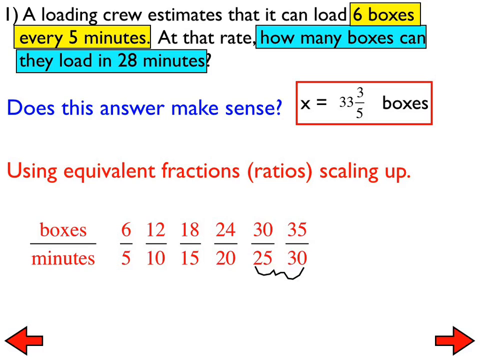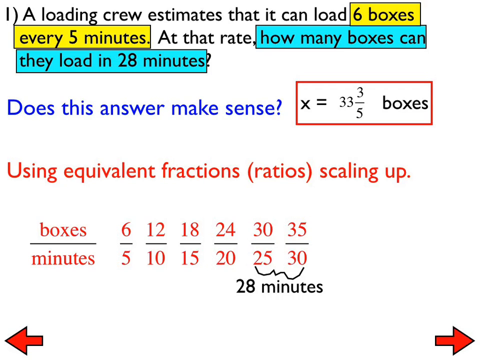This is where you should be jotting some of this down so it makes sense to you. 28 minutes is somewhere in between 25 and 30. So my next question is this. Is 33 and 3/5 in between those two numbers right there? Yes or no? Yes, 33 and 3/5 is in between 30 and 35.